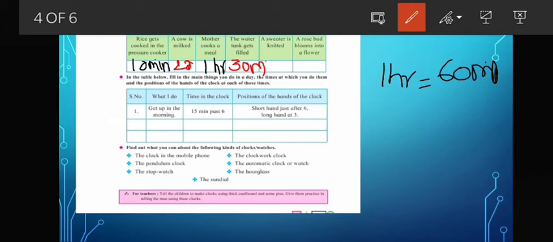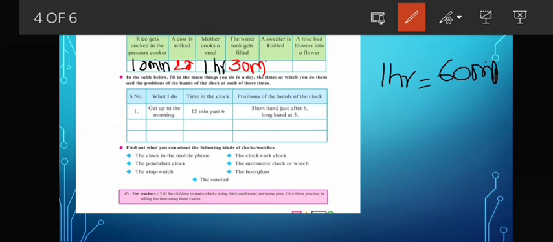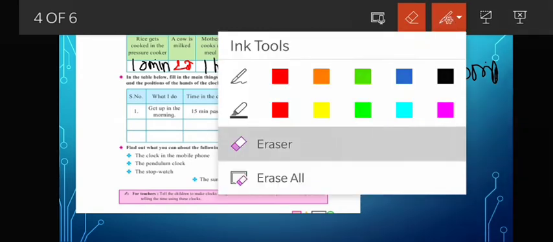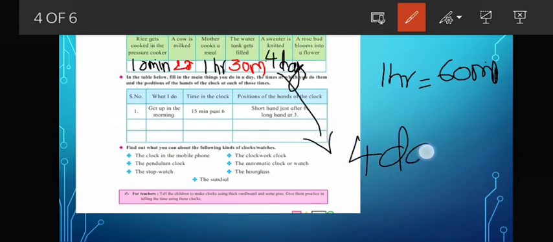A sweater is knitted. How many days? Ask your parents, ask your dadi, ask your nani. She will tell you. 4 days. Okay, it is 4 days.